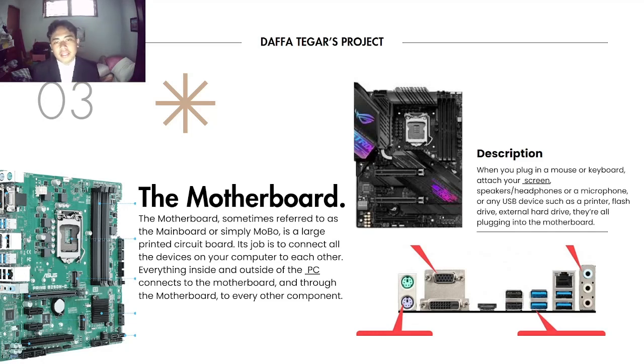So basically, it's where all the processes run. When you plug in a mouse or keyboard, attach your screen, speakers, Bluetooth speakers, headphones, or microphone, all of that connects to the motherboard.